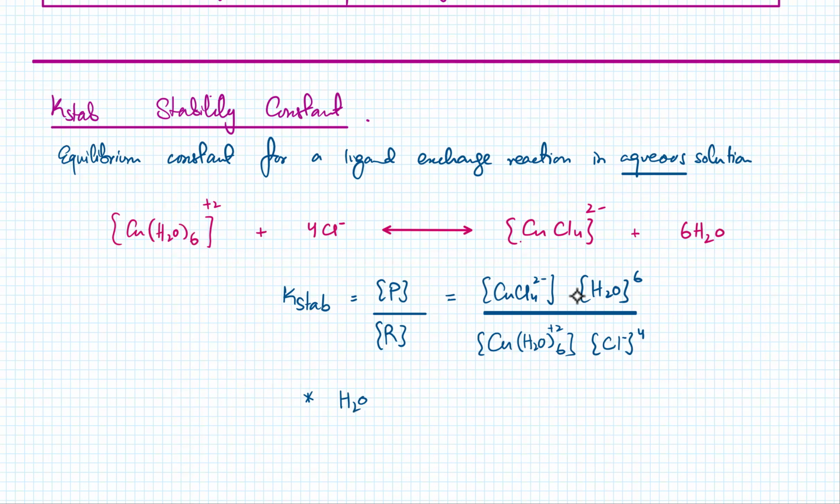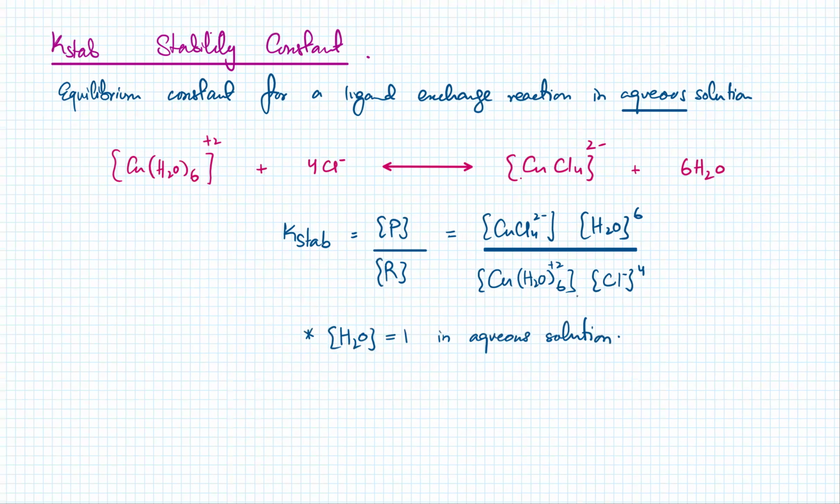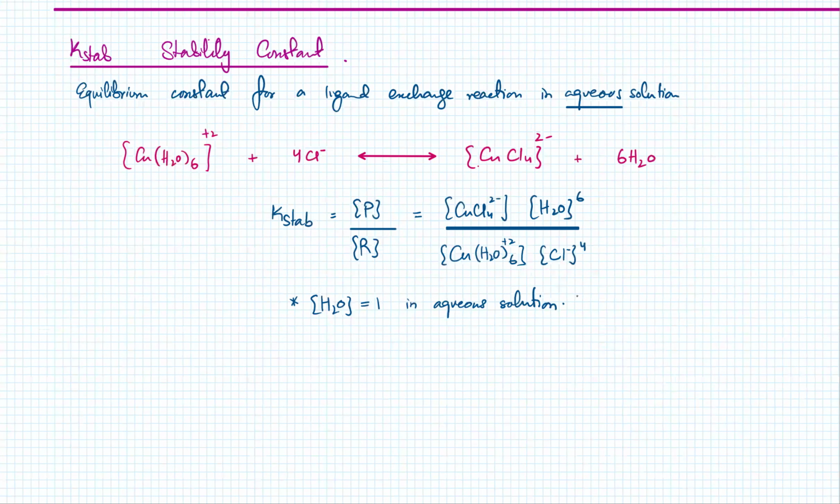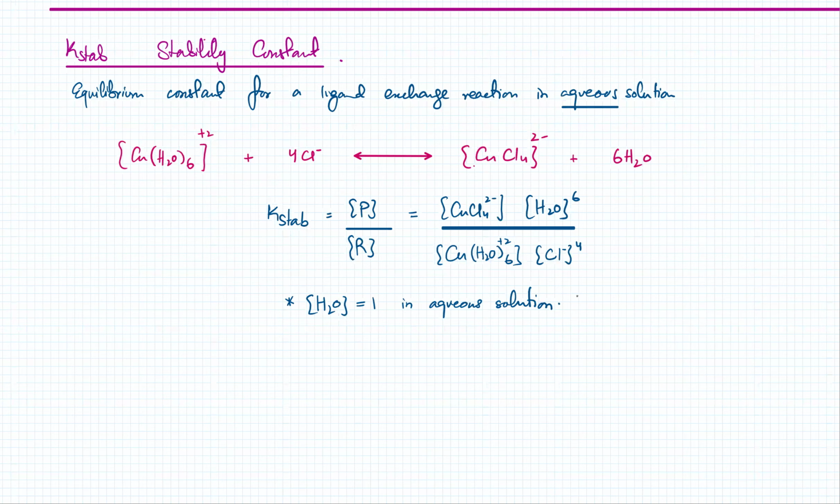Okay, now also remember that water's concentration is taken as 1 in aqueous solution. When it's an aqueous solution, you don't write water because water is in large excess and its concentration does not change. So its concentration is taken as 1.